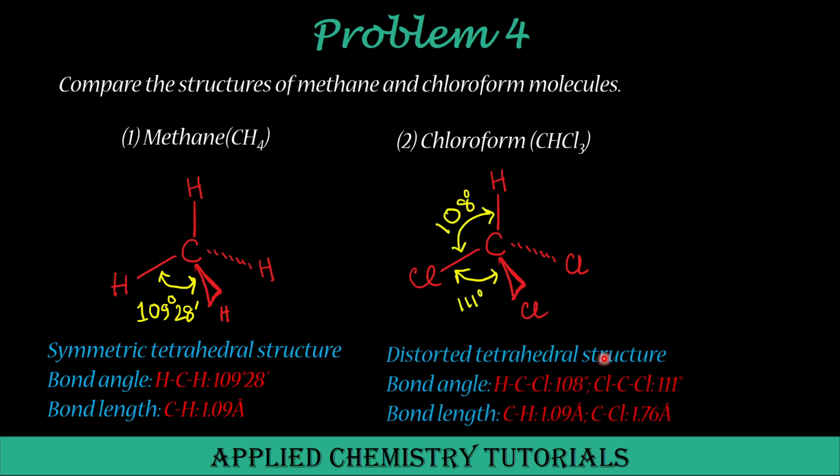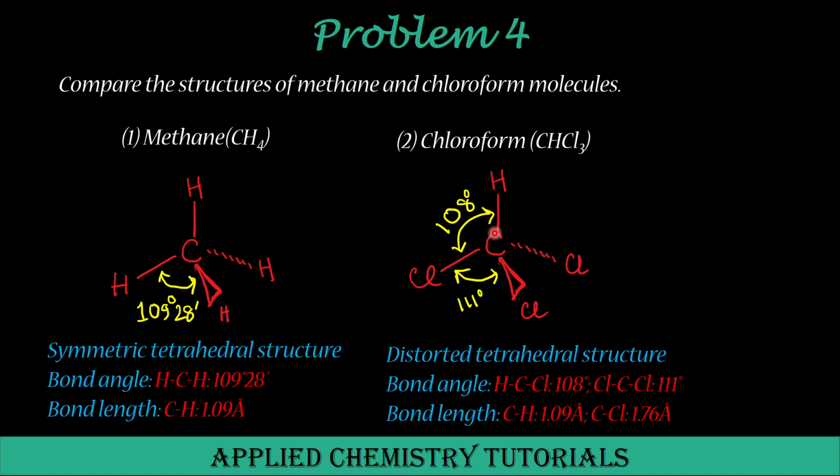For chloroform, in the distorted tetrahedral structure, there are chlorine atoms which are bigger in size. So when they are close to each other, they usually repel each other, which is called steric hindrance. Okay. So this ClCCl bond angle is now increased to 111 degrees, whereas this HCCl bond angle is decreased to 108 degrees.